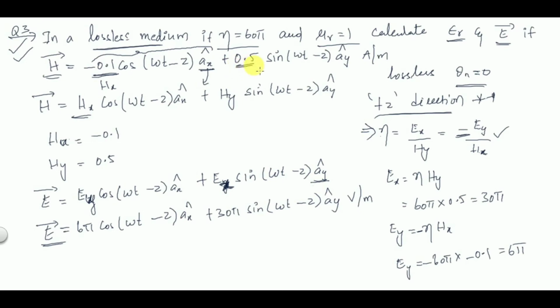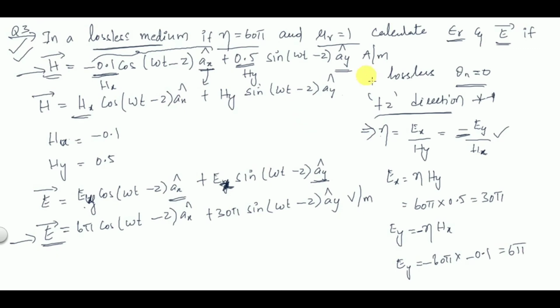Similarly, if you consider Hy, then Ey travels along the x-axis. If you are given both directions of H bar and want to write both directions of E bar, you have to take them in reverse order. Please keep this in mind.